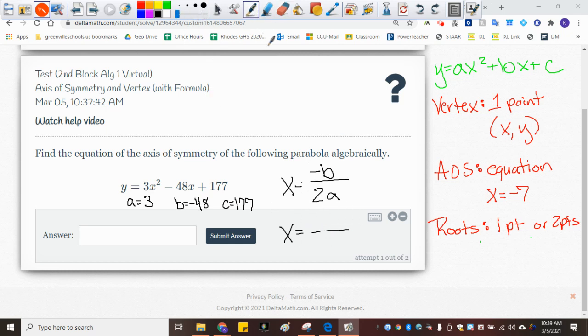That just makes it look confusing. I see some people say if there's already a negative there and I'm putting a 48, they just make the second negative the positive line. Whatever helps you remember, those 2 negatives are going to become a positive. And then 2 times a is 3. So 48 divided by 2 times 3. So 48 divided by 6.